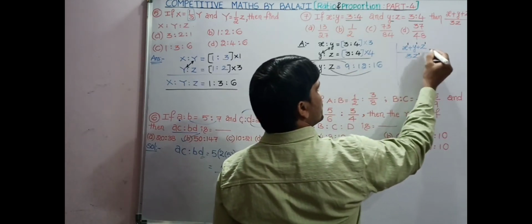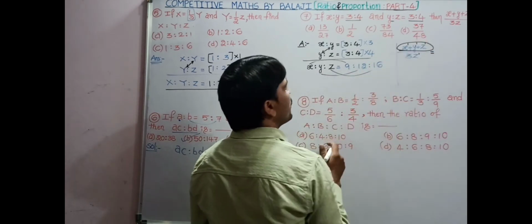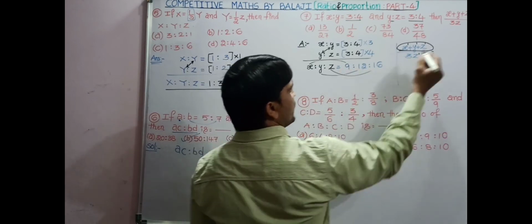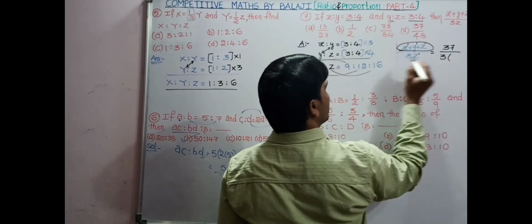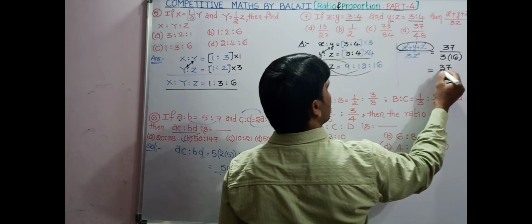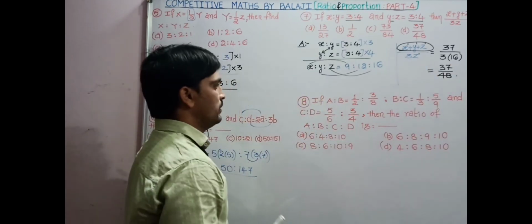So the numerator is the sum of the three ratios, x plus y plus z, that is 16 plus 12, 28 plus 9, 37, by 3 times what is the z value? 16. 3 16s are 48. Thus 37 by 48. Okay. Next question.